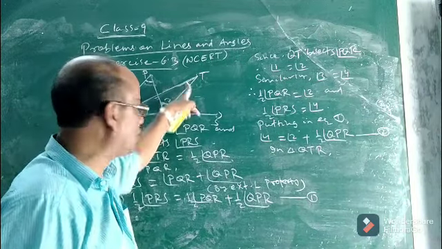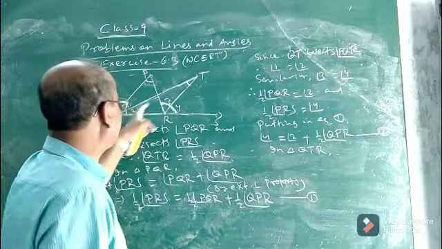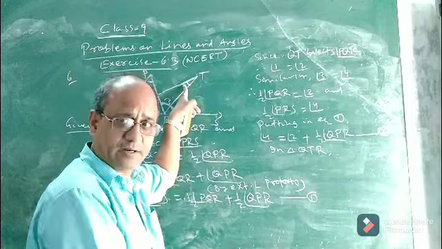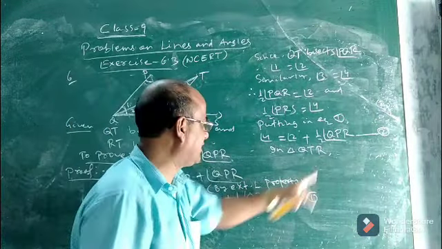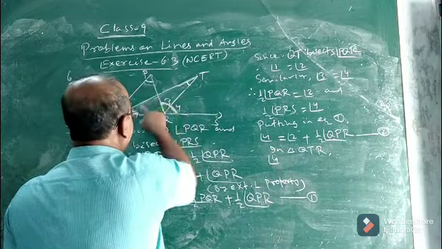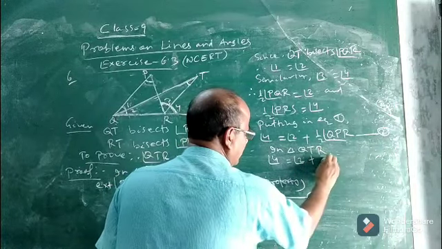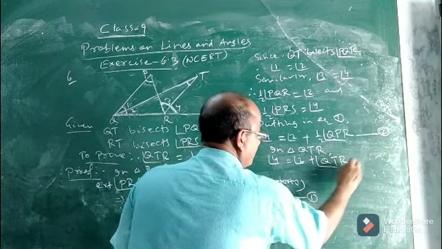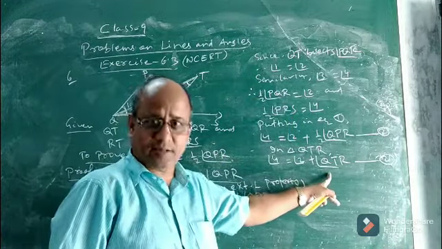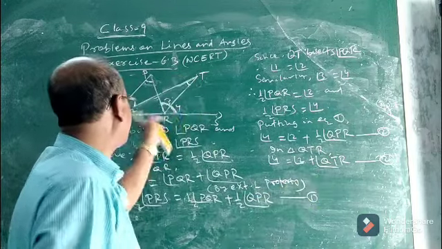So angle 4, this exterior angle, must be equal to angle 2 plus angle QTR, because exterior angle equals sum of interior opposite angles. So angle 4 must be equal to angle 2 plus QTR.